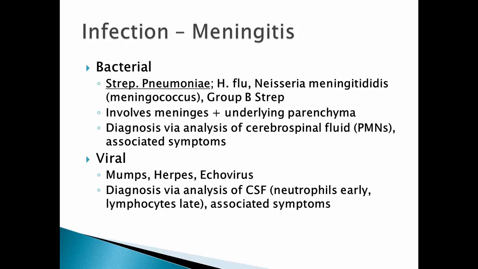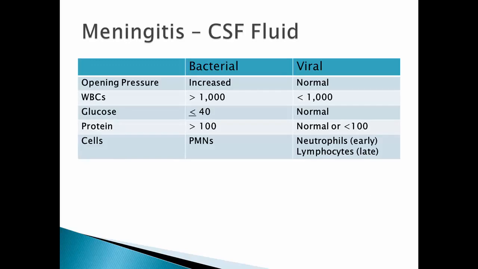So let's take a look at the cerebrospinal fluid. As you can see, when you compare bacterial with viral meningitis, when you look at the components of the cerebrospinal fluid, they are quite different. So when we think about the opening pressure, every time you do a lumbar puncture, you look at the pressure of the fluid itself once you enter the canal.